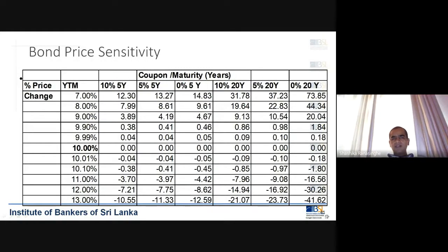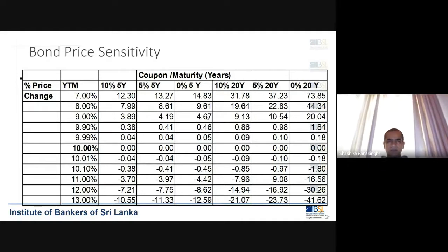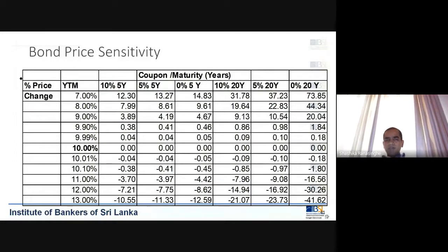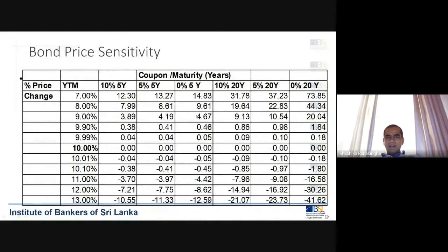So which one is more sensitive? More sensitive is the highest percentage change or lowest percentage change? Highest. Zero coupon is more sensitive, right? Because it has the highest percentage change.